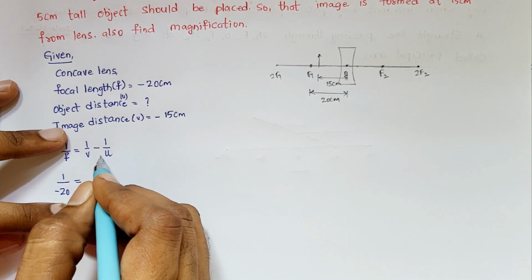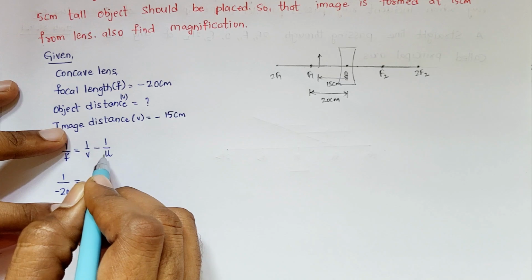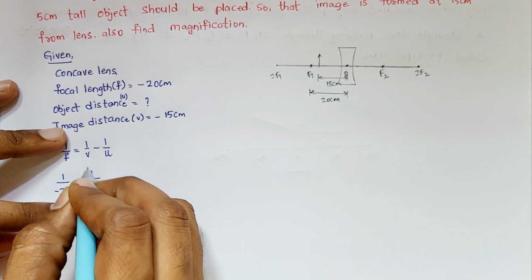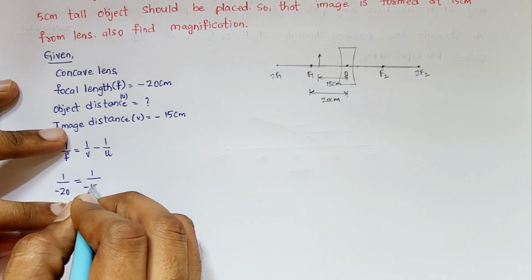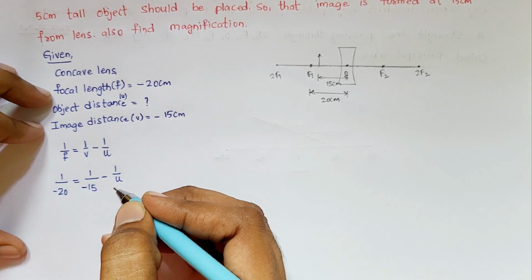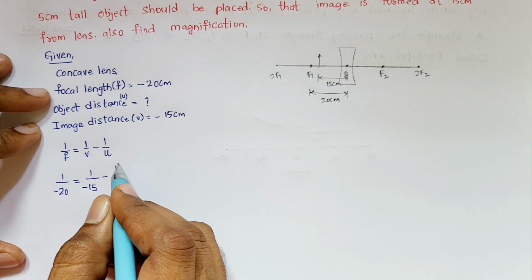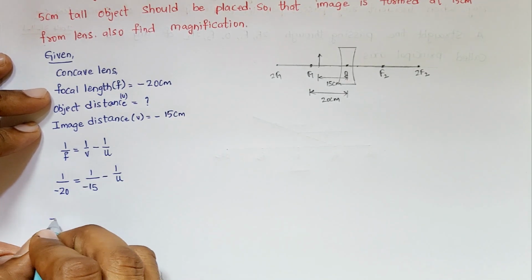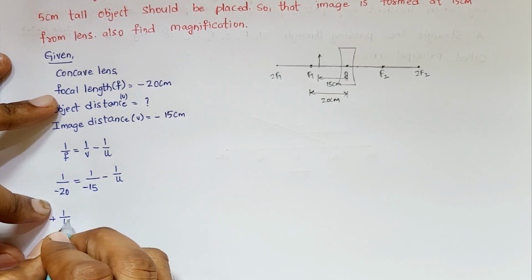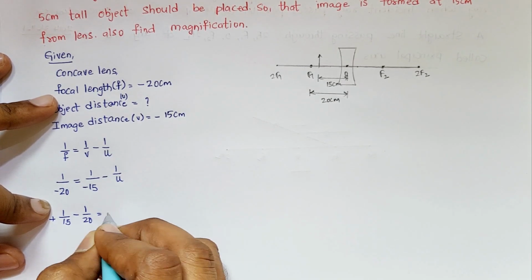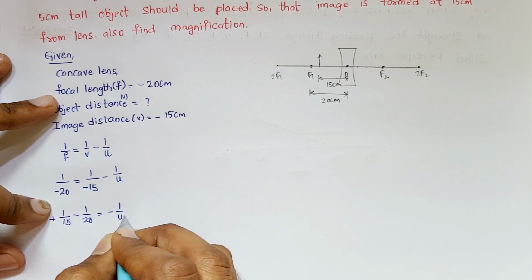We know that the object distance will always be negative, but we should not give polarity to the object distance. Now v is also minus 15, minus 1 by u. So I want to find 1 by u only. So I will send this minus 1 by 15 to that side. It becomes plus 1 by 15 minus 1 by 20 is equal to minus 1 by u.